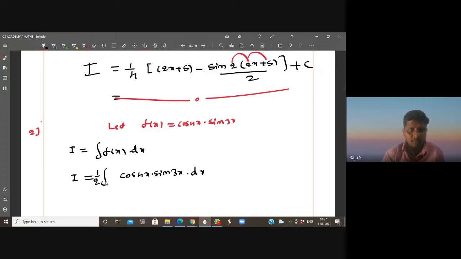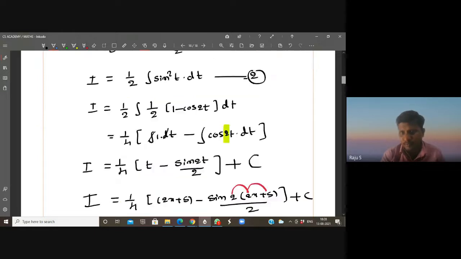Multiply and divide with 2. Why do we want to multiply and divide with 2, students? Because I have given the formulas. Now it is in the form of 2 cos A sin B. Am I right?